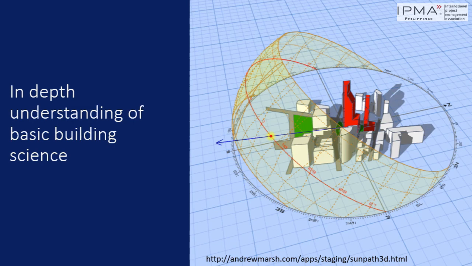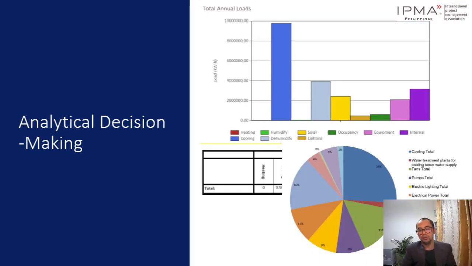Another theme for a net zero project is the incorporation of software tools for analytical decision making. Typically in a net zero project, there is a dynamic energy model that will guide the project team in terms of decision making.